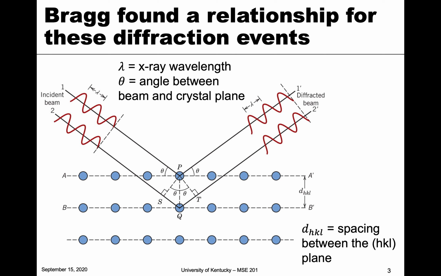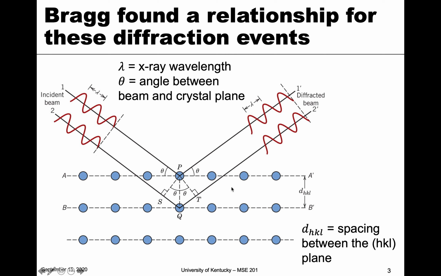All right, so this is also something we'll do in MSE408-F20, but we can also define our characteristic equation in diffraction with Bragg's law. And this is a simple illustration of what we're looking at in Bragg's law.